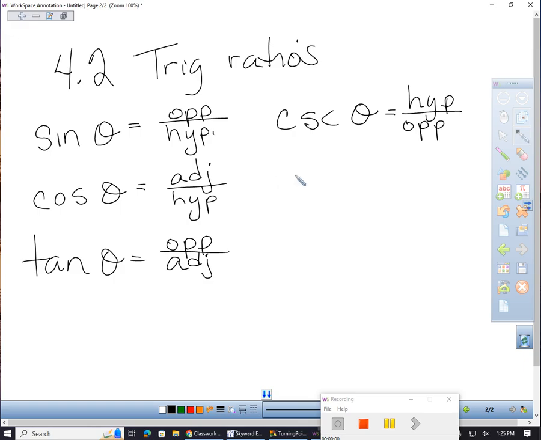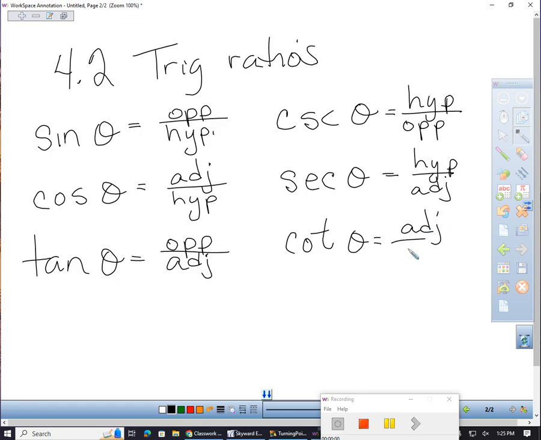We have secant of theta, which is hypotenuse over adjacent. And we have cotangent of theta, which is adjacent over opposite. Today we are working with right triangles, and we're going to find all of these ratios.